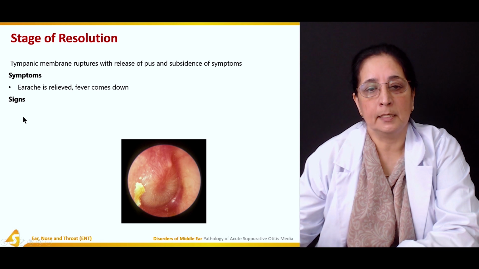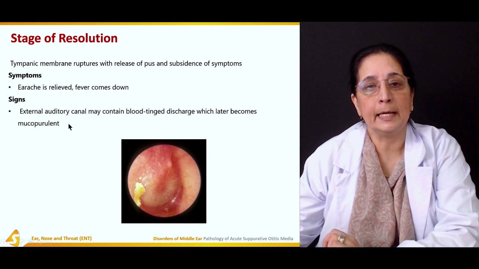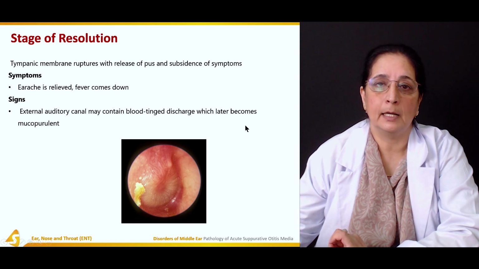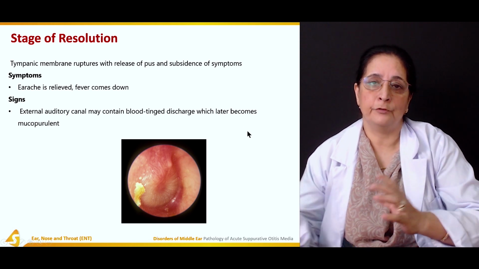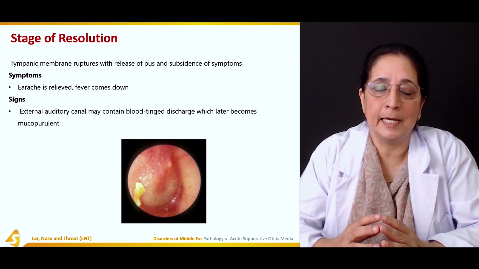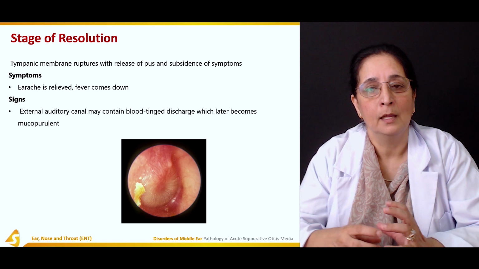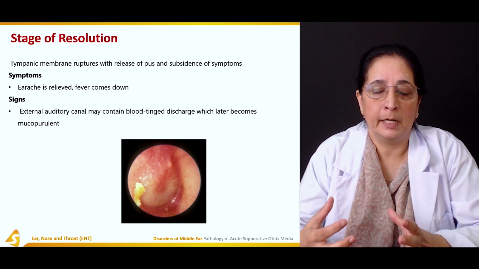Signs are, the external auditory canal may contain blood-tinged discharge which later becomes mucopurulent. So first there is blood-stained discharge because of all that hyperemia, pressure, and pus.